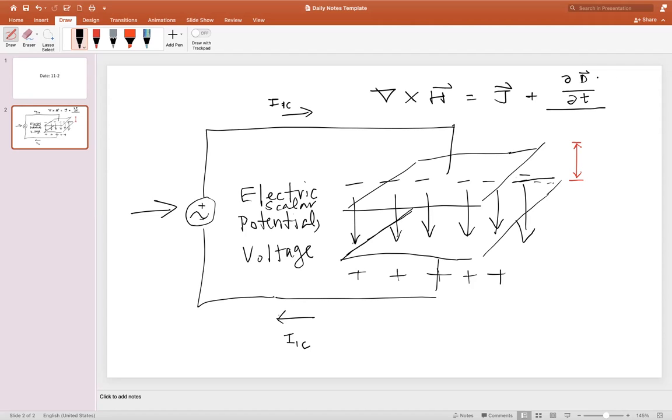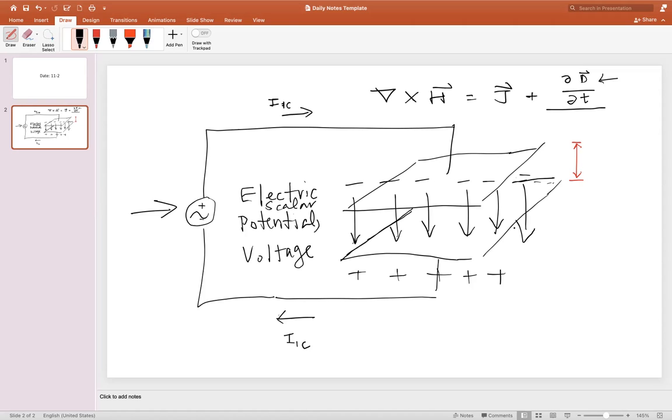And if the electric field is changing, so is the electric field density. So we have an electric field that's changing in time across these plates, and that change in time is a current. And that's what the displacement current density is, okay?